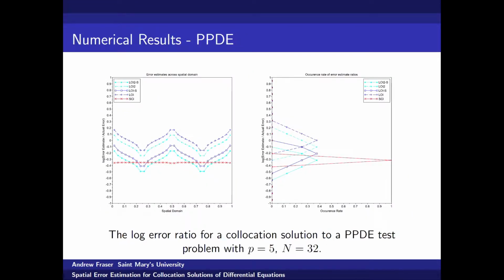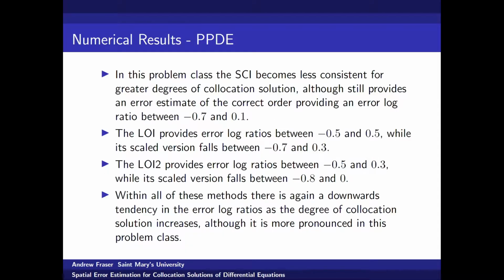Here we see the same style of plot for the PPDE problem class with p equals 5 and n equals 32. In this problem class, the SCI becomes less consistent for degrees of collocation solution that are greater, although it still provides an error estimate of the correct order, providing an error log ratio between negative 0.7 and positive 0.1.